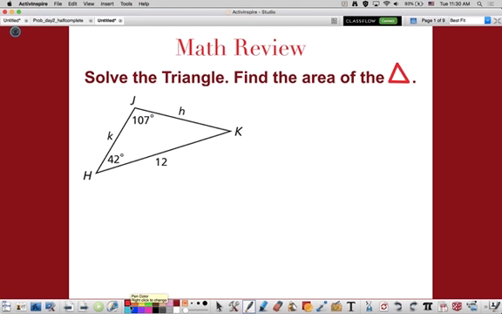When you get the side lengths, I'm going to put up an extension way to find the area of this triangle that you can do if you find the other way easier. So now you have another way to find the area of the triangle.